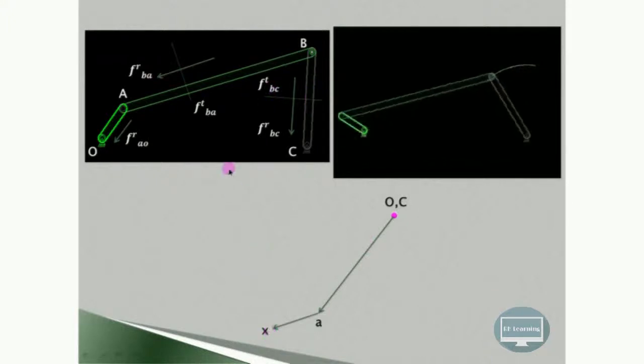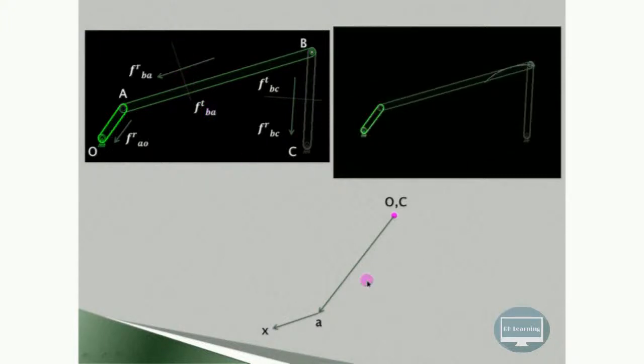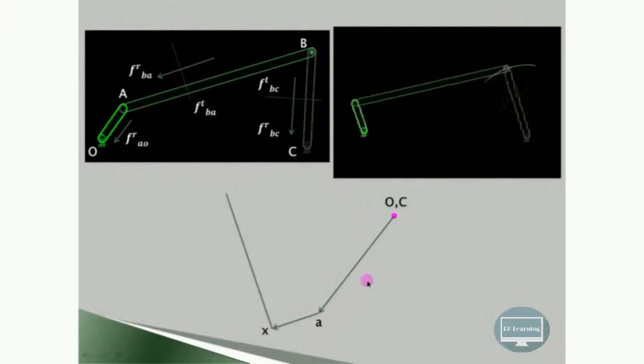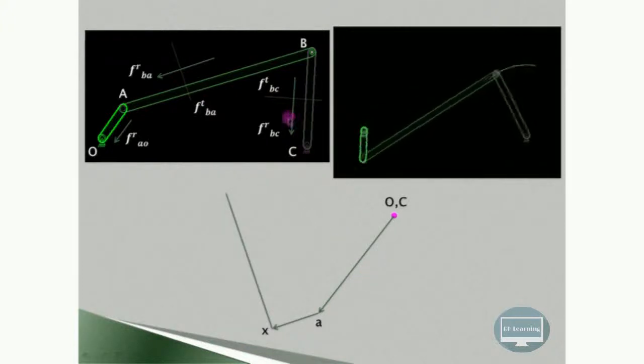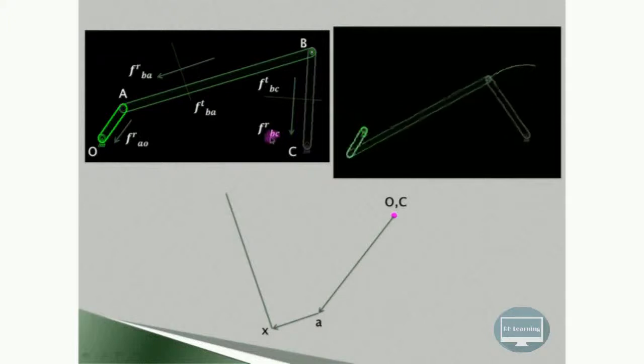Now from this X point, draw a line parallel to this, representing the tangential acceleration of B with respect to A. The next vector is the radial acceleration of B with respect to C. Out of B and C, the point C is known.